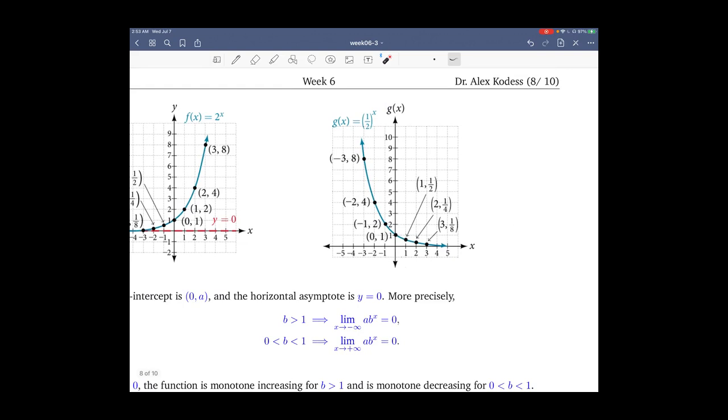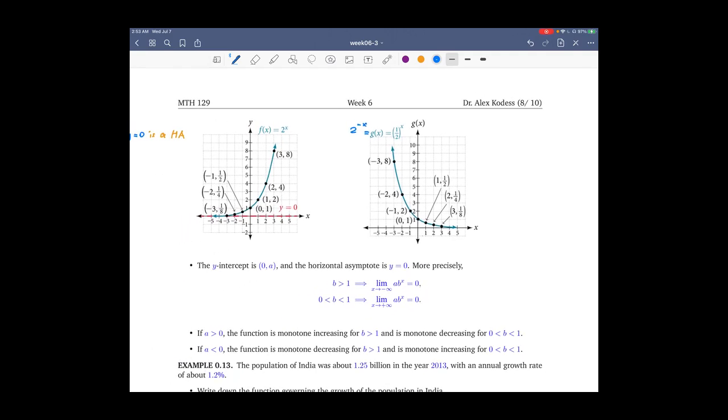Now, what can we say about the function 1/2 to the power x, which is, of course, the same as 2 to the negative x? Well, if you recall one of the previous topics, transformations of functions, when you replace x by negative x, that corresponds to reflecting the graph about the vertical axis, about the y-axis.